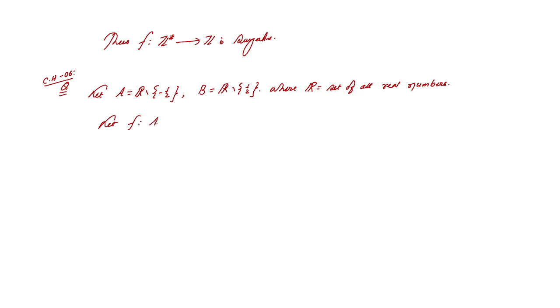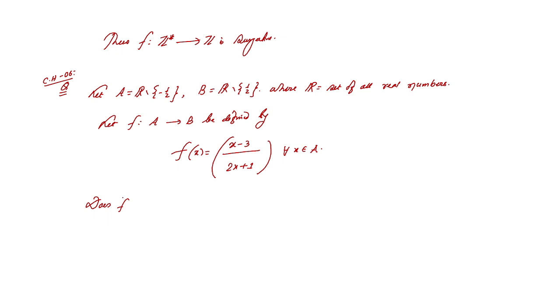And let f be a mapping from A to B defined by f of x equals x minus 3 by 2x plus 1 for all x belonging to A. Then the question is, does f inverse exist? Justify your answer.